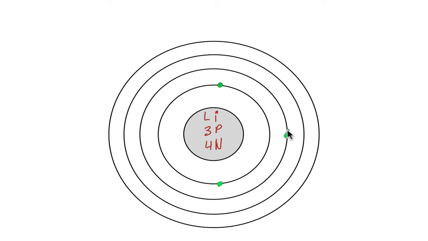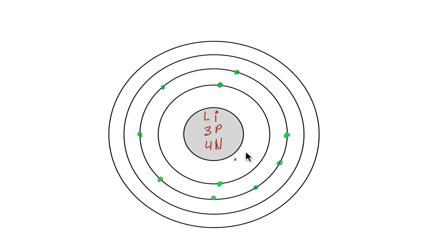Now if we had a bigger element, say it had 12, and you guys can look up which one was 12, that would be magnesium. If we had 12, we put 2 in the first energy level, then we'd fill this up till we got 8. So we have 4, 5, 6, 7, 8.